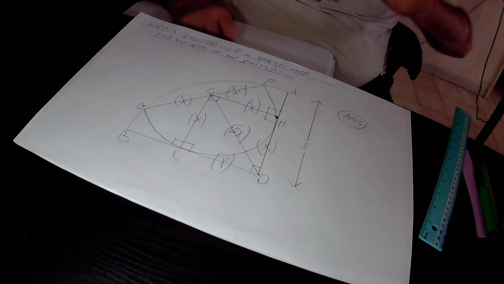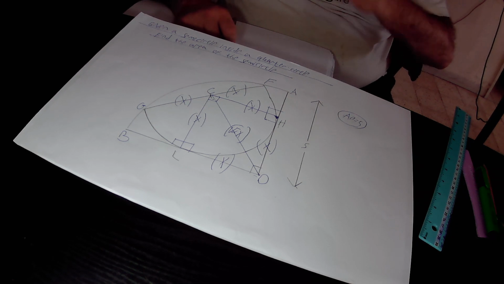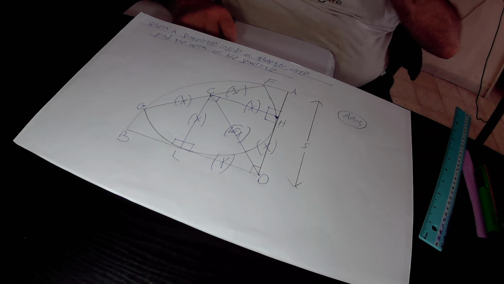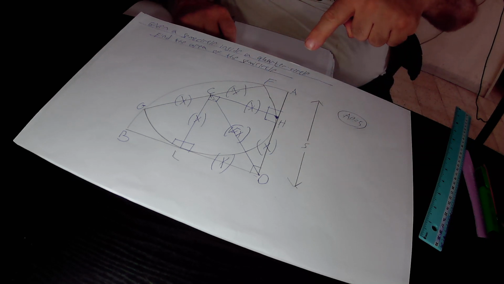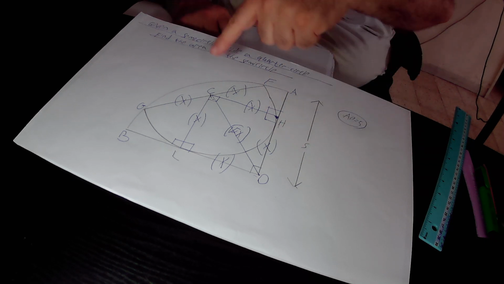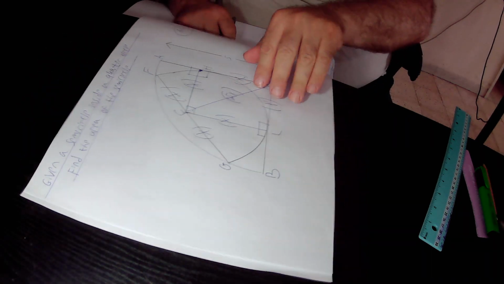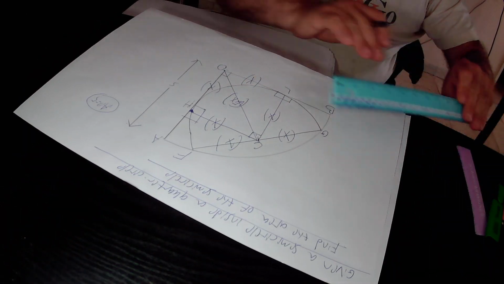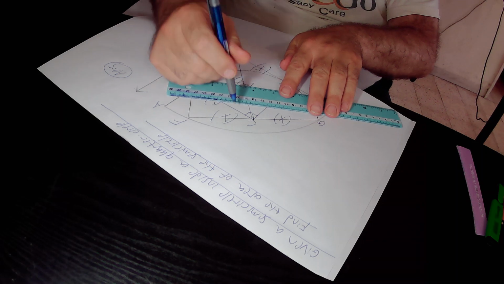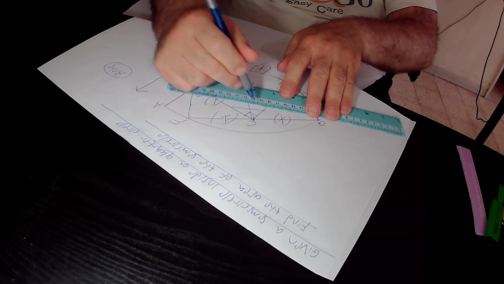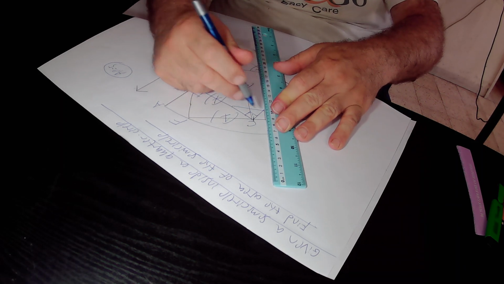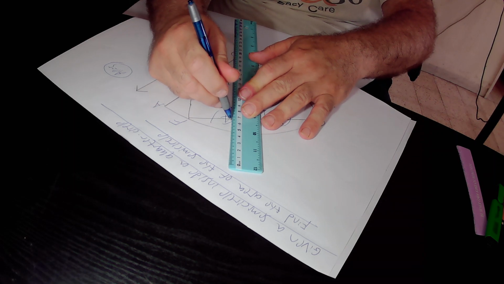So all the requirements of rule 7 are satisfied, and therefore we can implement rule 7. According to rule 7, line segment OC will also be perpendicular to chord FG. If OC is perpendicular to FG, it means that this angle equals 90 degrees, and this angle also equals 90 degrees according to rule 7.